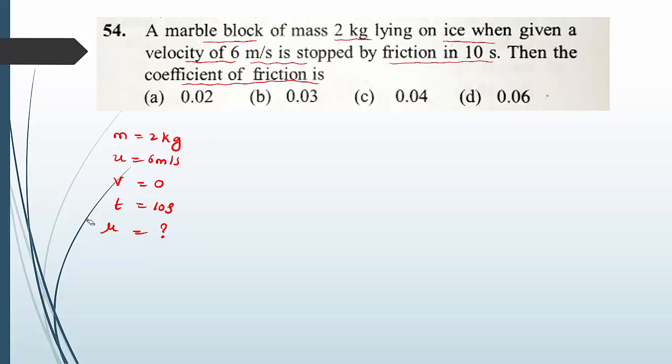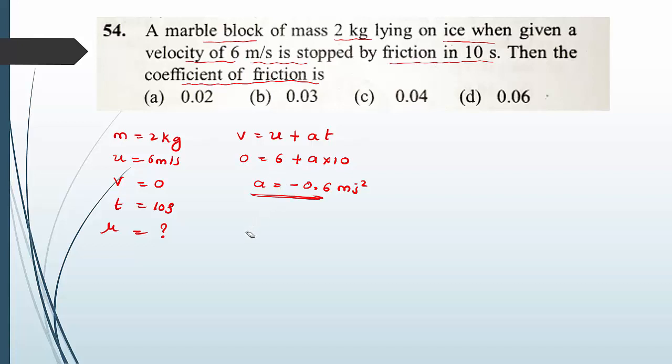So first we go for the acceleration. We know the formula V equal to U plus AT, 0 equals 6 plus A into 10. So therefore we will get the answer A equal to minus 0.6 meter per second square. Here retardation occurs because it is going to be stopped on that ice. So this retardation is due to what? Frictional force.